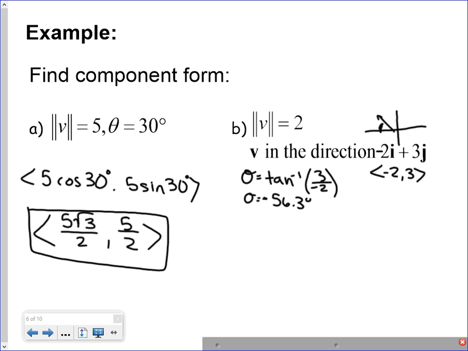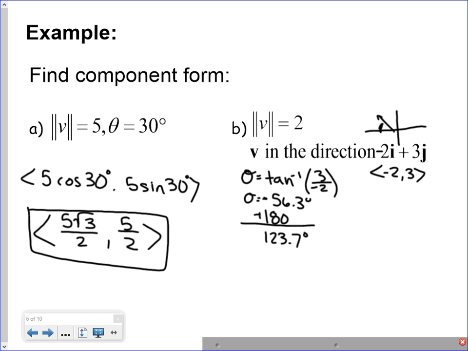So to get the actual angle on the other side, I would subtract that from 180, or add 180 to the negative angle, which gets me to 123.7. Okay. And that works. That's an angle in the second quadrant, isn't it? So now we've found Leah's angle. Everything feels a little bit better.